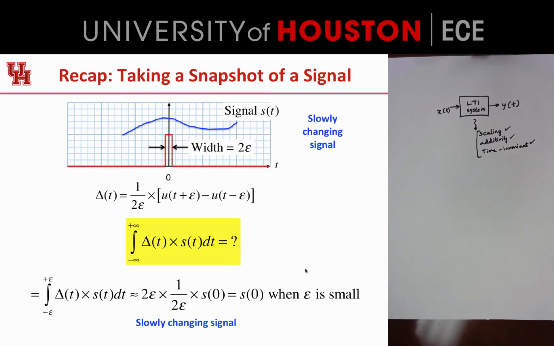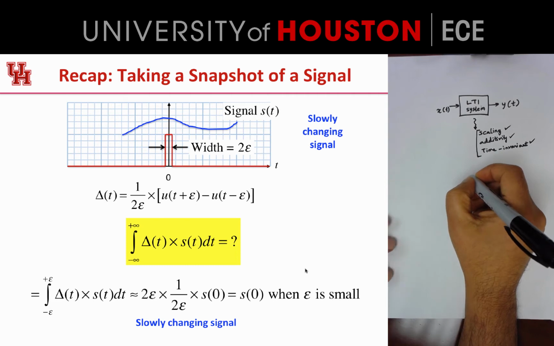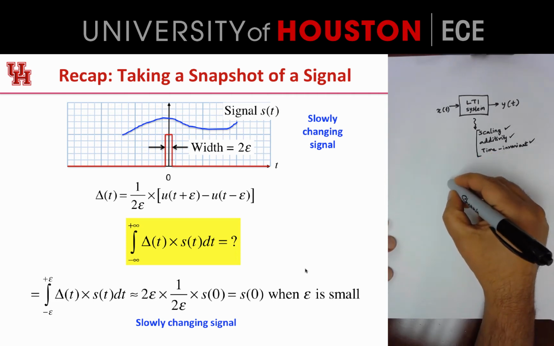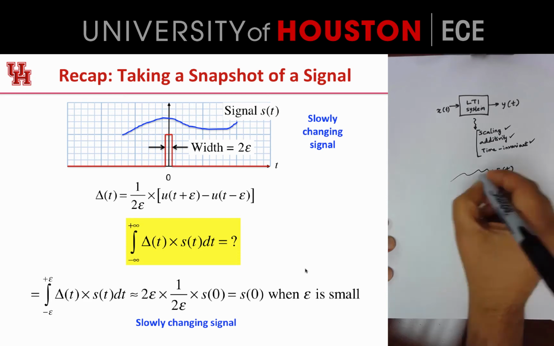So before we talk about the properties of linear time invariant systems, it's helpful to recap some of the concepts that we spoke about before, right? So suppose you have a signal, s of t, that's varying in time.